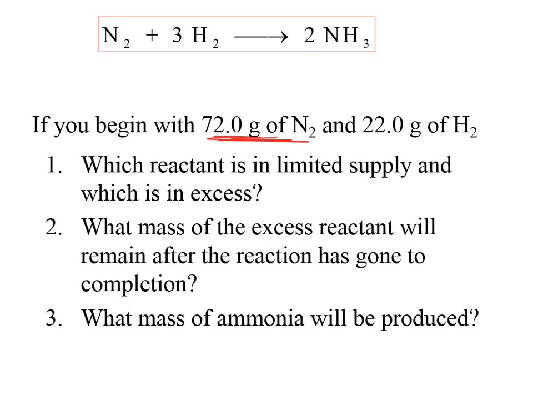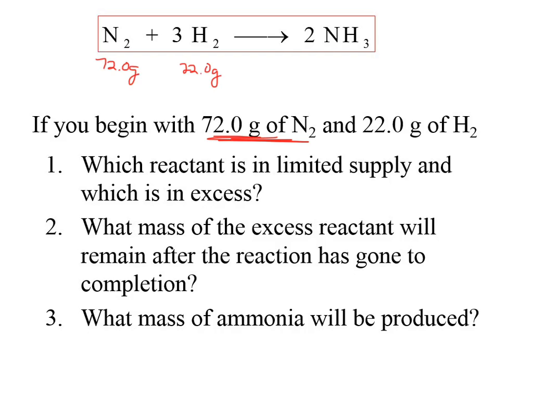So one thing I like to do is pull out the number and write it underneath what it is. So for instance, 72.0 grams of nitrogen, okay, 22.0 grams of hydrogen. Notice it doesn't say that one is in excess.